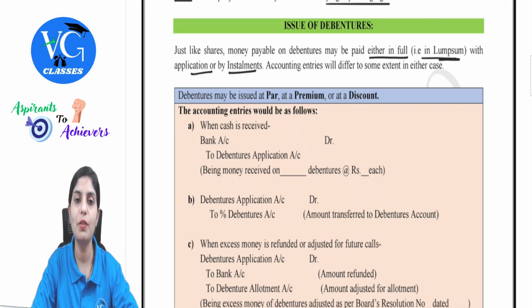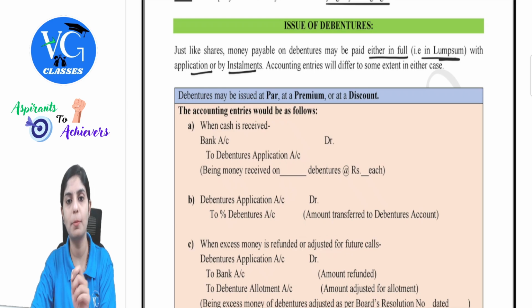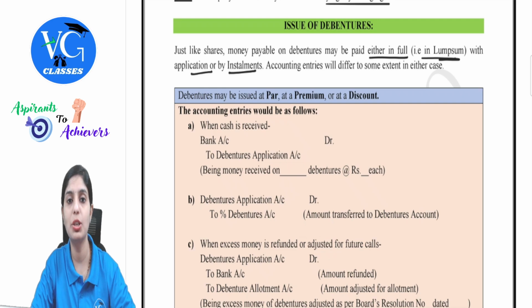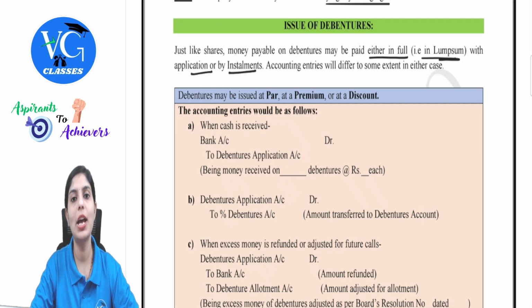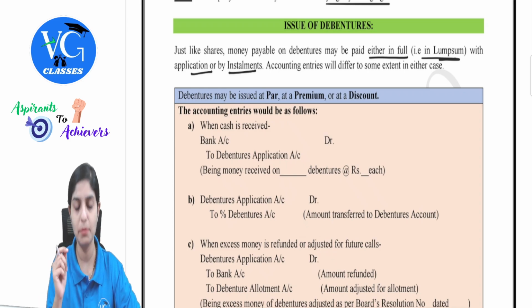Sometimes instead of directly taking it to debentures, they can also route it through a separate account called debenture application and allotment, both together. Since it is not happening in installments, it is just one lump sum entry. Bank account debit to debenture application and allotment, and then transfer of this money, debenture application and allotment account debit to percentage debentures, like we were doing with share application money. So this was with respect to lump sum.